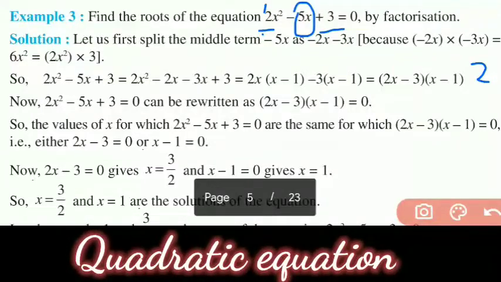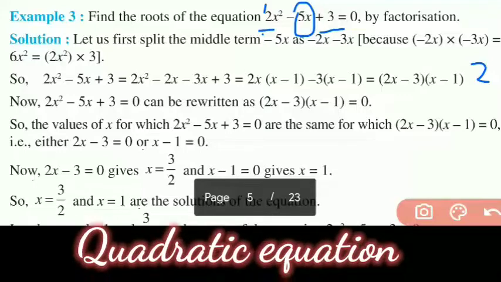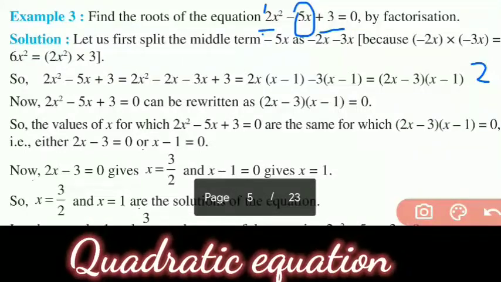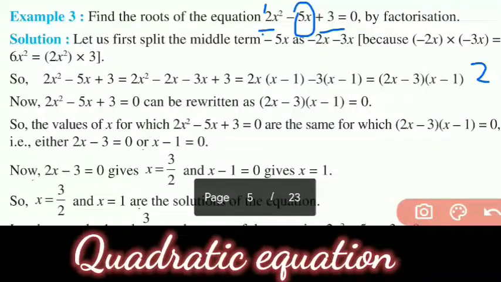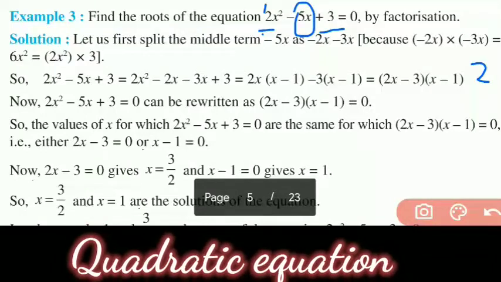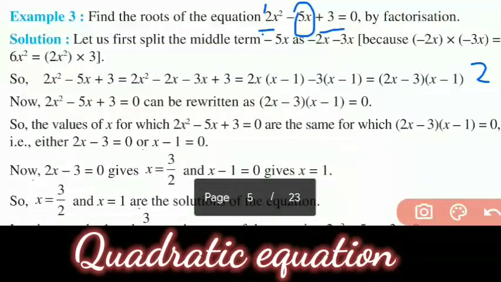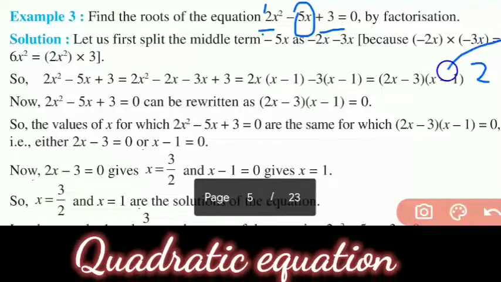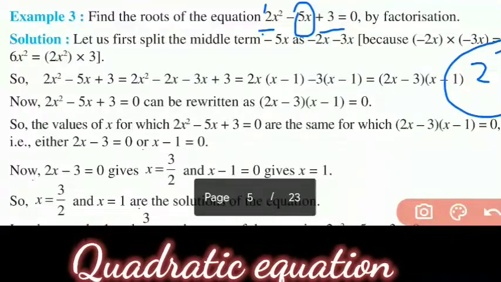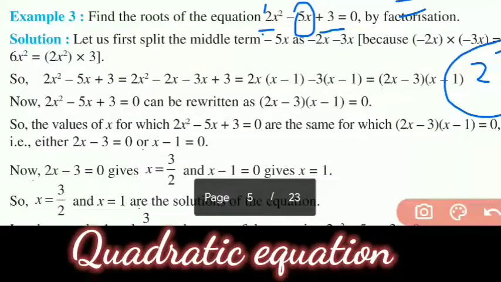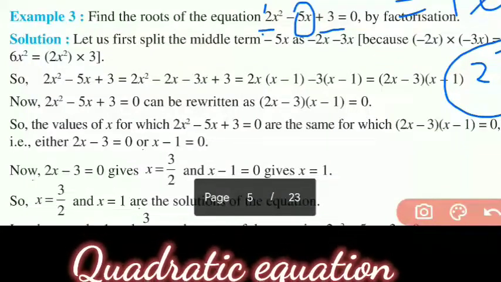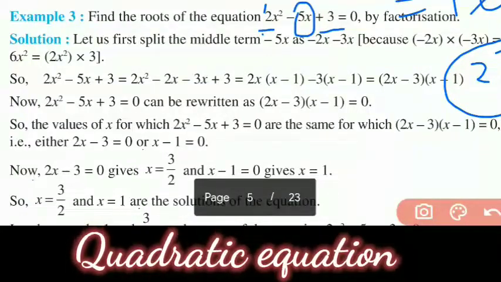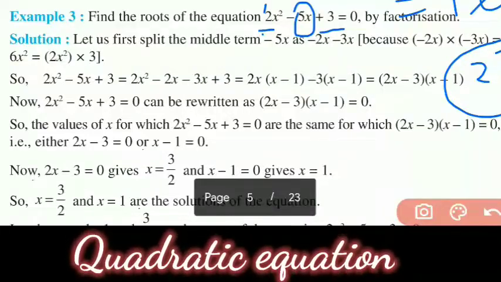Always see the signs, because if you leave the signs, everything is wrong here. Signs are the most important. The product of 3 and 2 is required as +6, and addition or subtraction is required as -5.